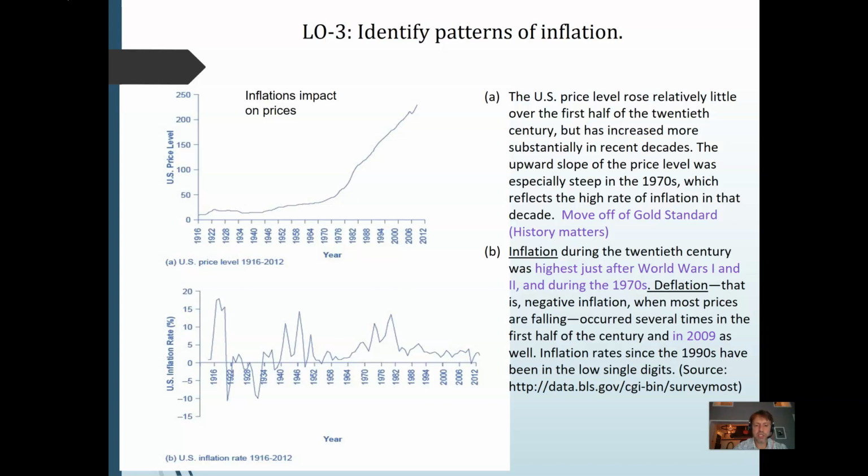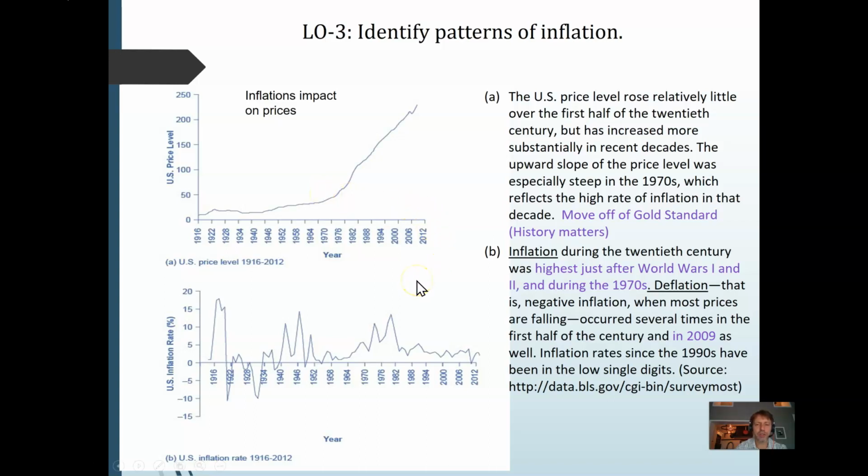What you'll see is this is the inflation rate for a good portion, almost 100 years of US history. And you'll see right around the time I was born, it really starts to curve a little more steeply. I say that's because I must have done something to really change the economy. But really what happened is we came off the gold standard. By the way, I would not encourage us to go back on the gold standard.